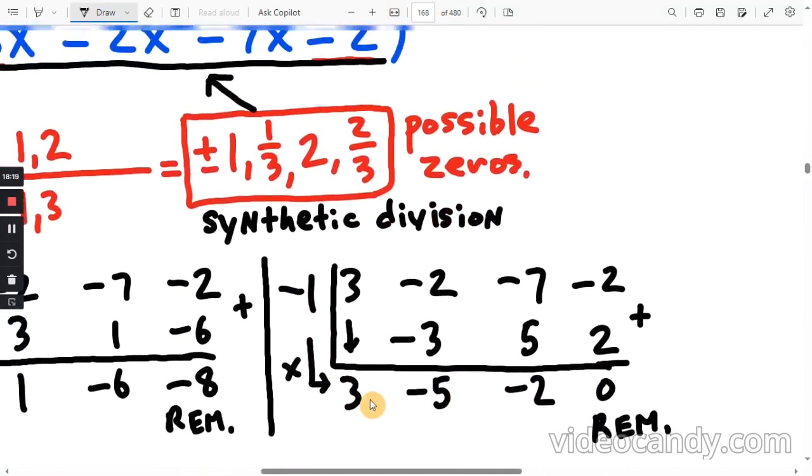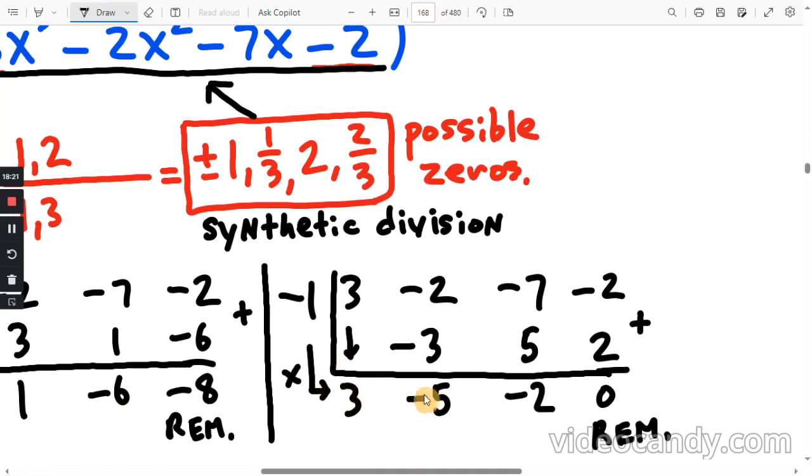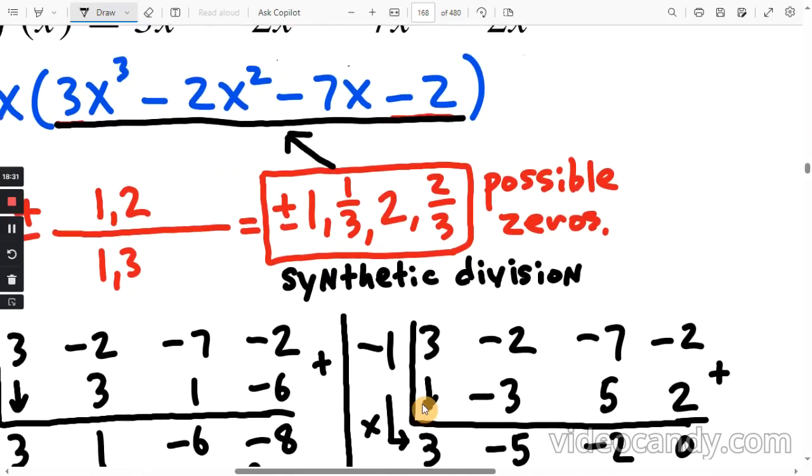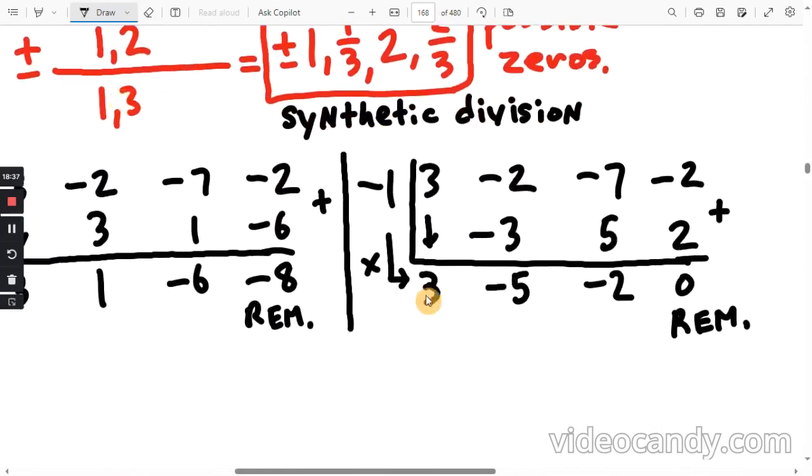Remember, for synthetic division, these are the coefficients on the x terms, but you have to cut the exponent by 1. This is the greatest exponent, x to the 3rd, so you have to reduce the exponent by 1.